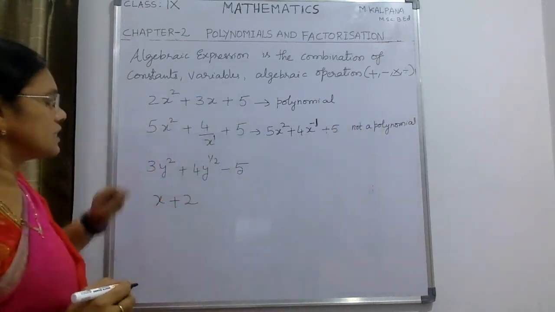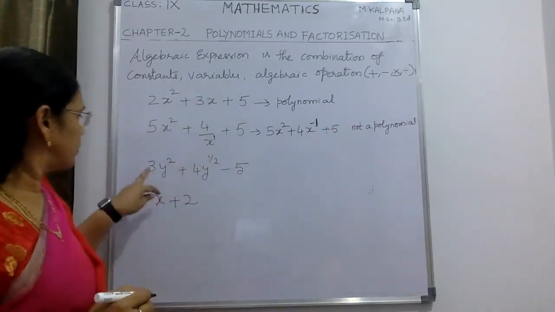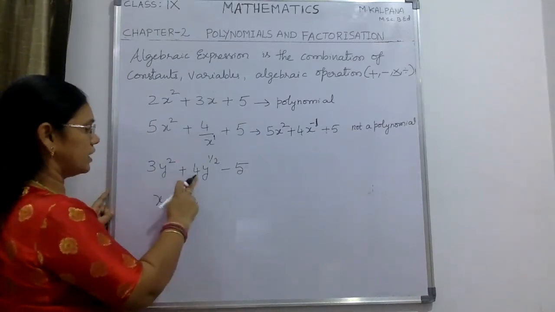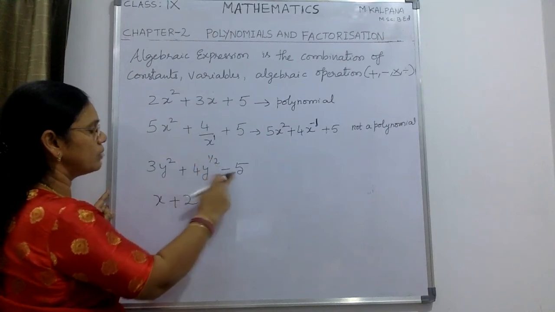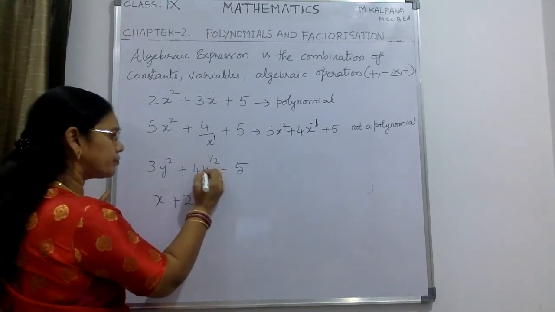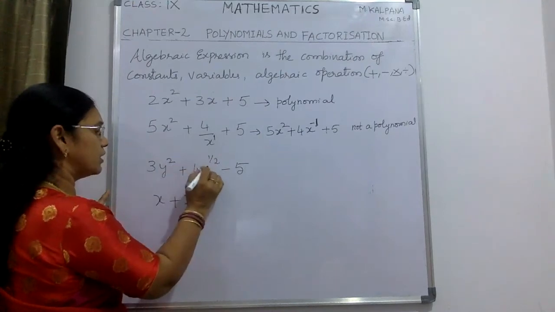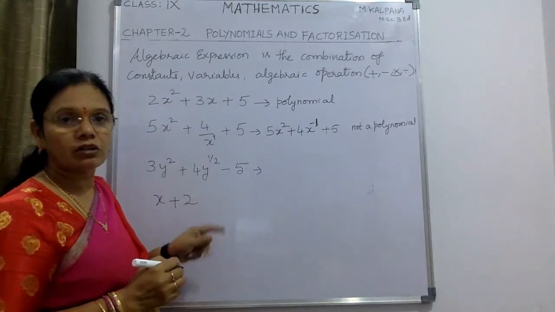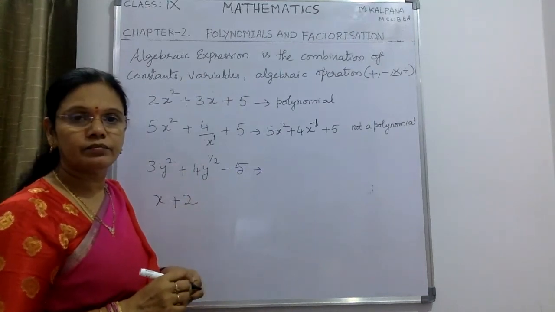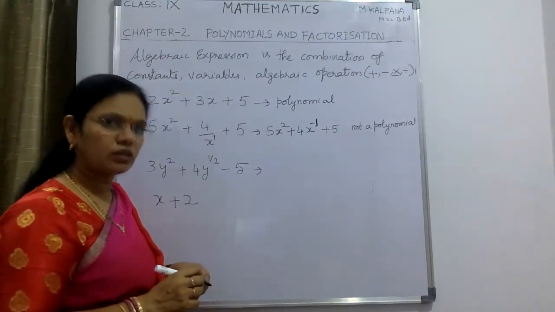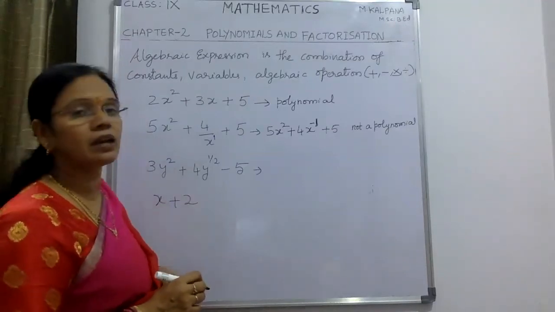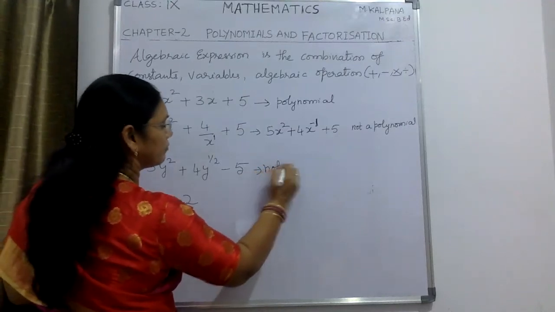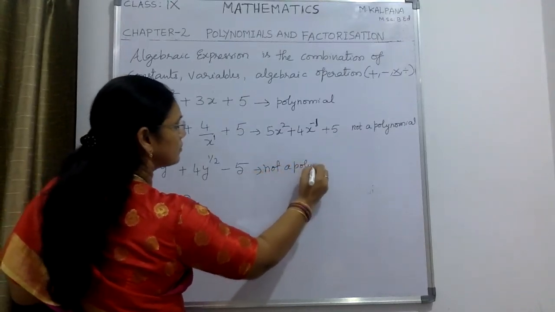And in this case, children, what is the variable involved here? This is 3y square. Here 4y to the power of 1 by 2 minus 5. Here all are positive powers only. But I am saying, is it a polynomial or not a polynomial, children? I am saying it is not a polynomial. Why? Can you guess the reason?